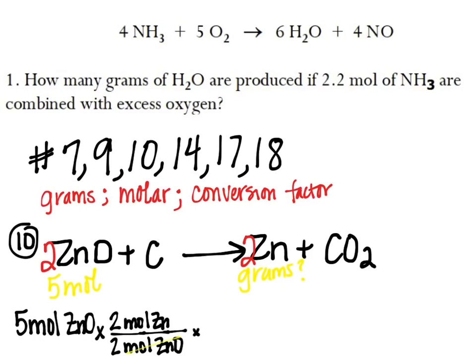So now we are in moles of zinc and we need to get to grams of zinc. So we need the molar mass of zinc. 65.39 grams of zinc, and that's always in 1 mole.